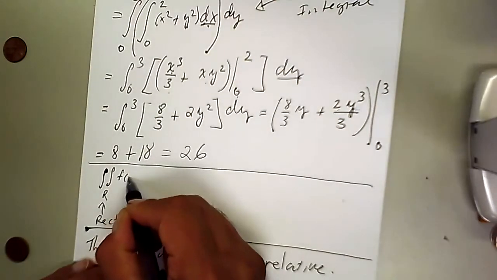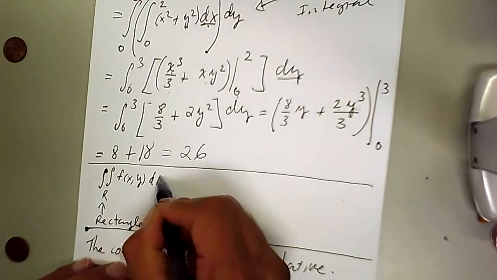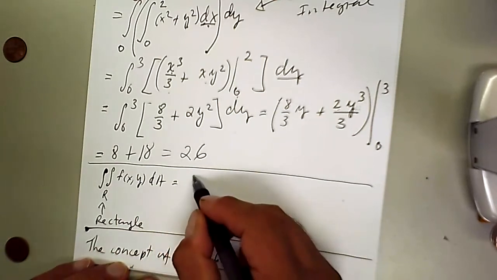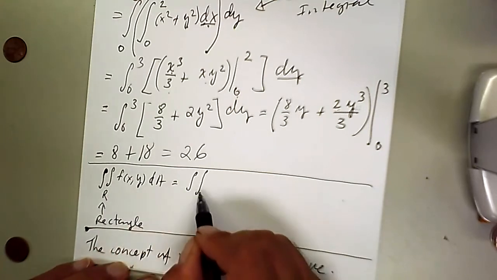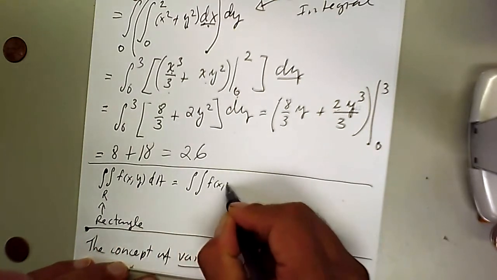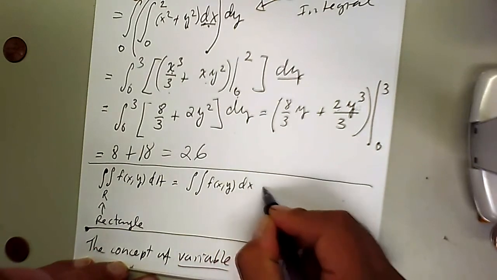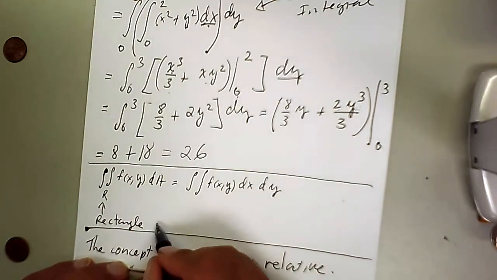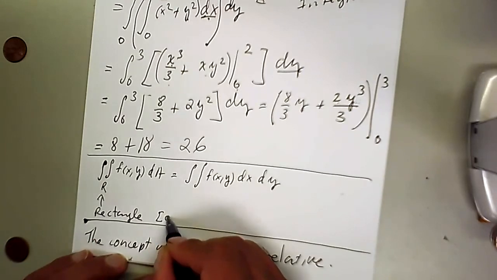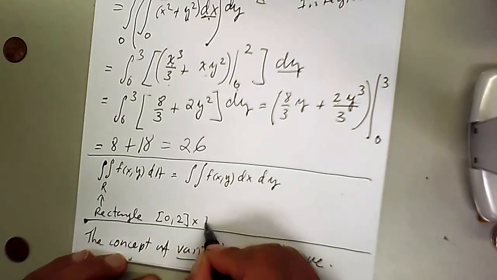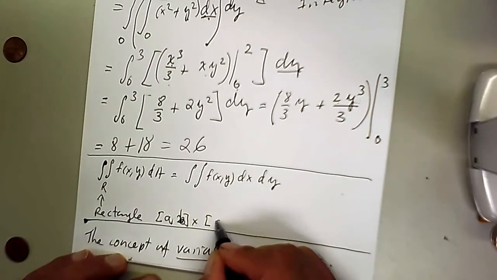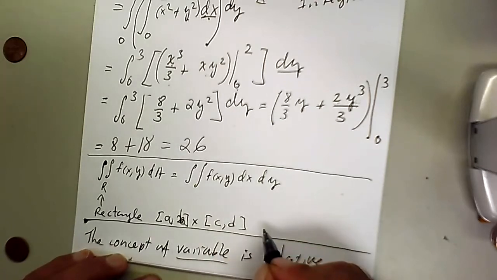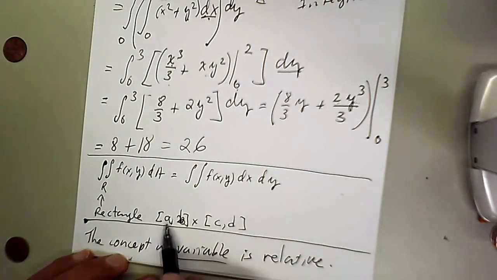A double integral of a function of two variables with respect to area can be rewritten as the iterated integral of f of x, y, with respect to x and with respect to y. Assuming that the rectangle is, oh, I meant to say a, b on the x-axis and c, d on the y-axis. I want to do this more in general. So that would have been 0, 2, 0, 3 in our example 1.